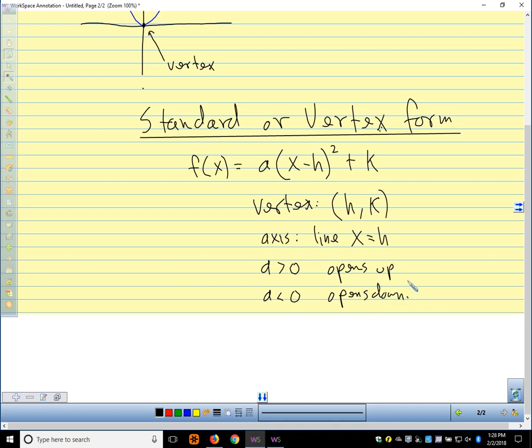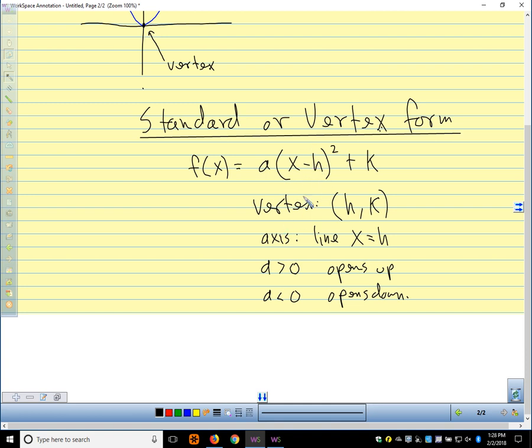In Chapter 9, we'll describe parabolas in a slightly different way, and we'll talk about sideways parabolas as well. But for now, we're just talking about functions, so they have to be vertical parabolas. So if we have a quadratic function in general form, how do we put it in vertex form?